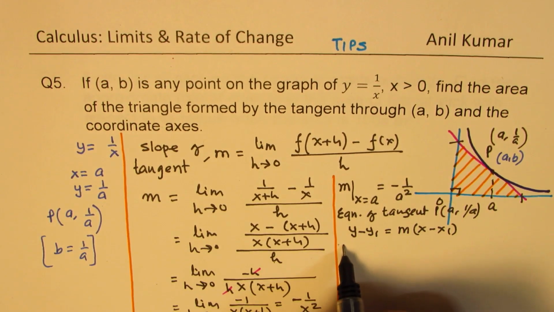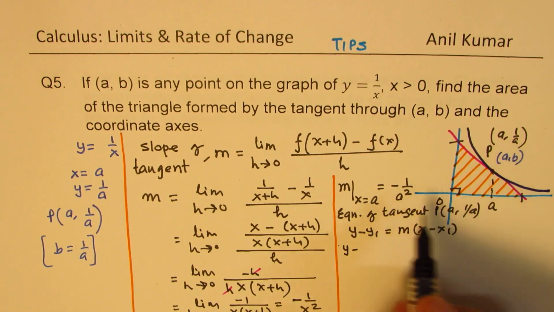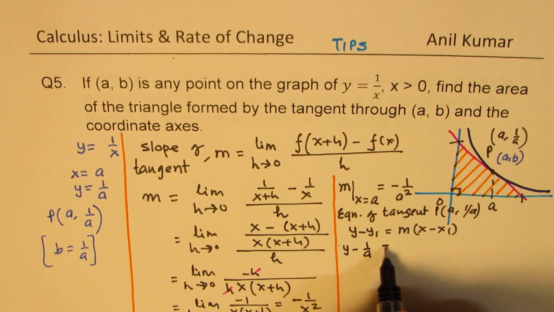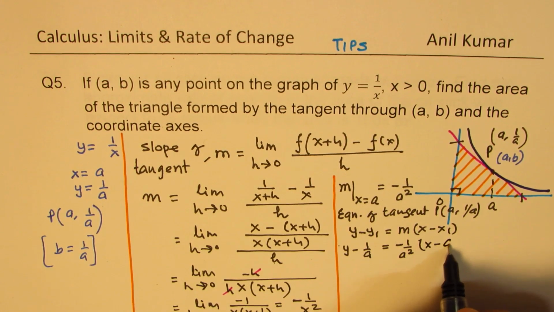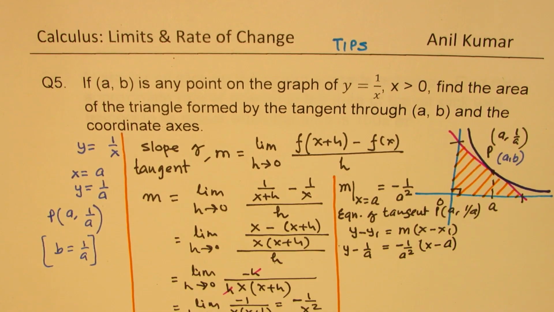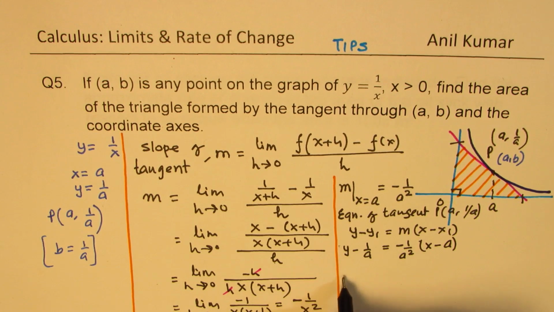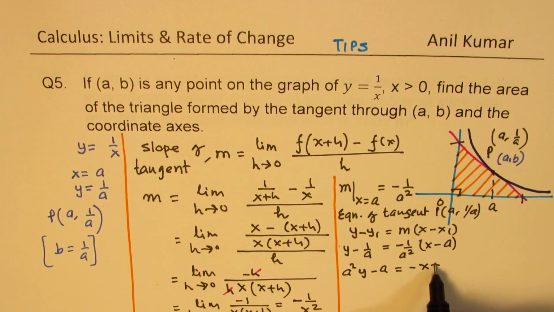So in our case, it is y minus 1 over a equals the slope, minus 1 over a squared, times x minus a, right? So x1 is a. When you cross multiply, we could write it like this: a squared y minus a equals minus x plus a, right?